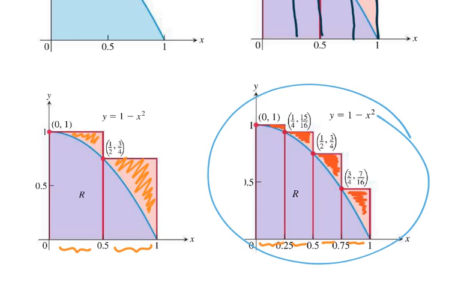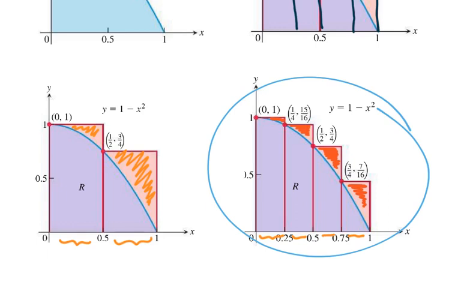So how many rectangles could I draw in this space between 0 and 1? And the answer is infinite rectangles. So we're building towards making more and more and more rectangles. And the more rectangles we create, possibly the less amount of error involved and the better the approximation.